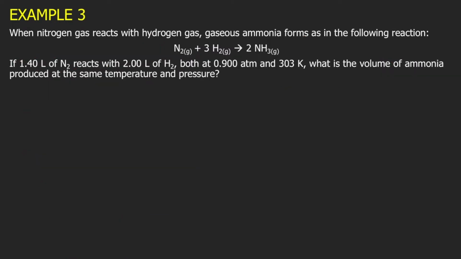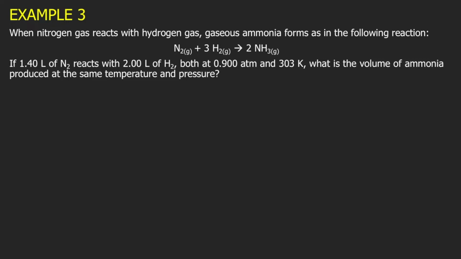For example 3, when nitrogen gas reacts with hydrogen gas, gaseous ammonia forms as in the following reaction. So the balanced reaction is given. If 1.40 liters of N2 reacts with 2 liters of H2, both at 0.900 atm and 303 Kelvin, what is the volume of ammonia produced at the same temperature and pressure?